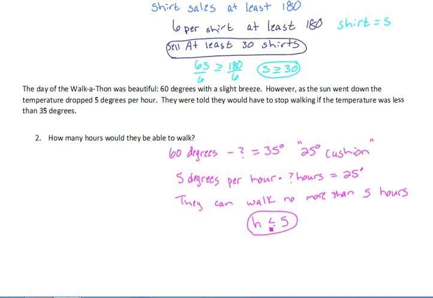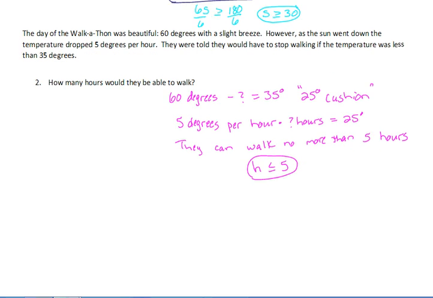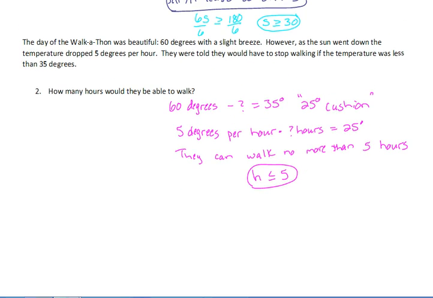Okay, let's go ahead and keep that in mind because we are going to solve this algebraically. So 60 degrees minus the 5 degrees per hour has to be greater than or equal to 35 for them to keep going. Let's go ahead and solve this equation.